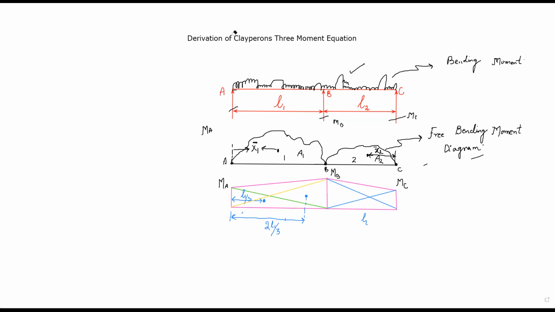Okay. Now, under the influence of this load, what will happen? The beam will deflect. We don't know how the beam will deflect. Let's suppose the deflection curve is somewhat like this. Let's arbitrarily draw a deflection curve.